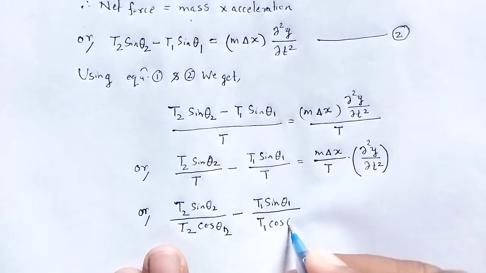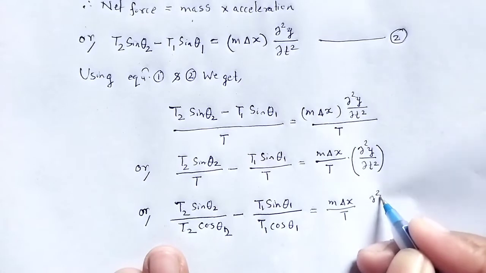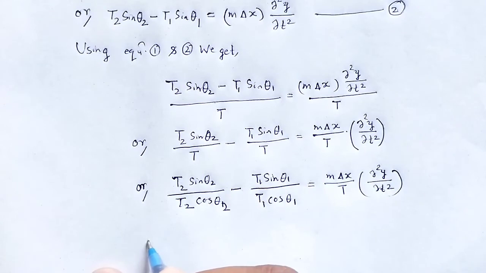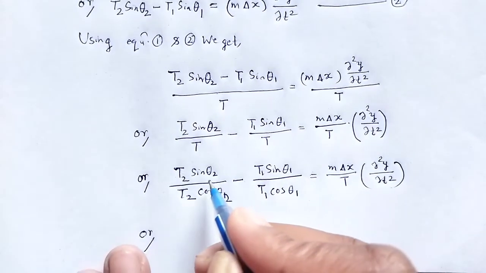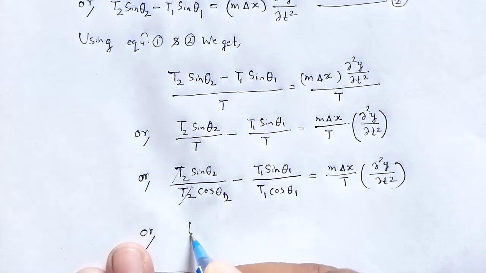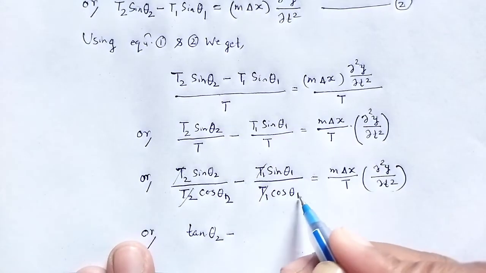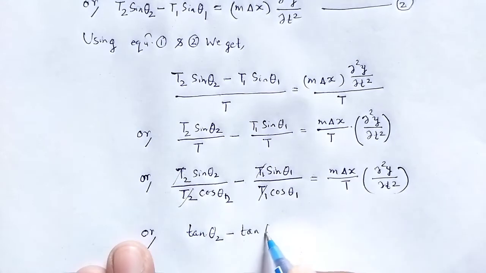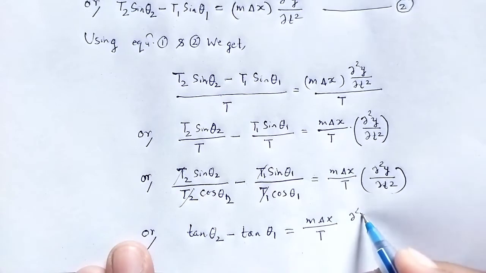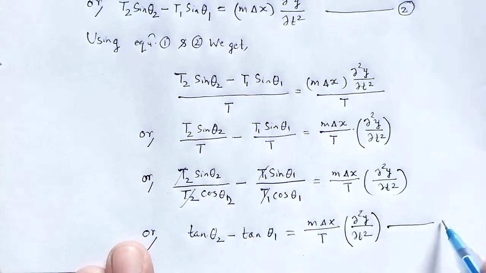Then T2 cancels out, sin theta 2 by cos theta 2 is tan theta 2, minus sin theta 1 by cos theta 1, that is tan of theta 1, is equal to m del x by T del 2y by del t2. That is equation number 3.